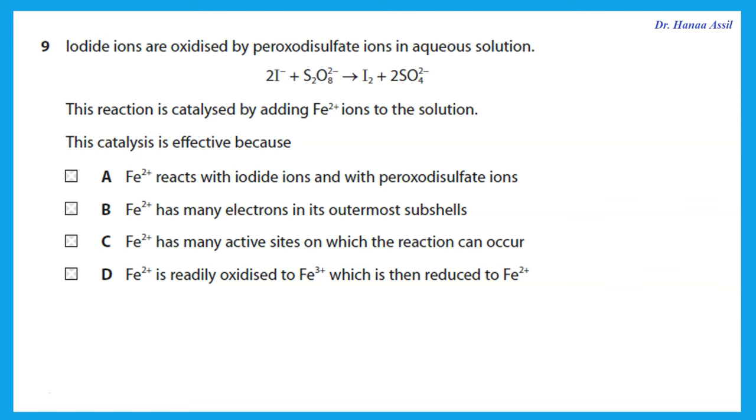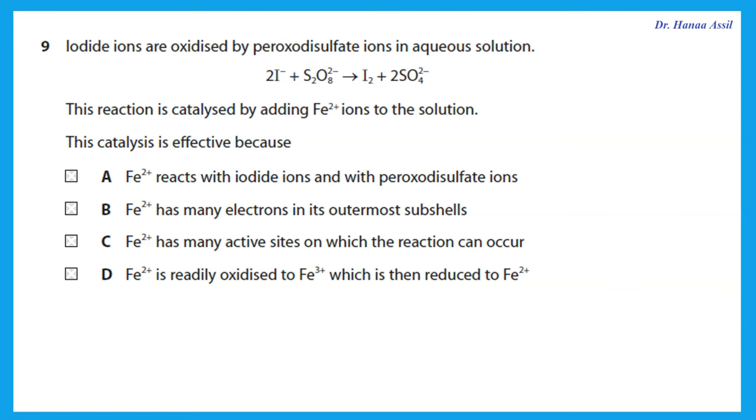Iodide ions are oxidized by peroxodisulfate ions in aqueous solution. This reaction is catalyzed by adding iron 2 plus ions. Remember that we said this equation is an example of homogeneous catalysis in which the reactants and the catalysts are in the same state, so all are aqueous solutions.